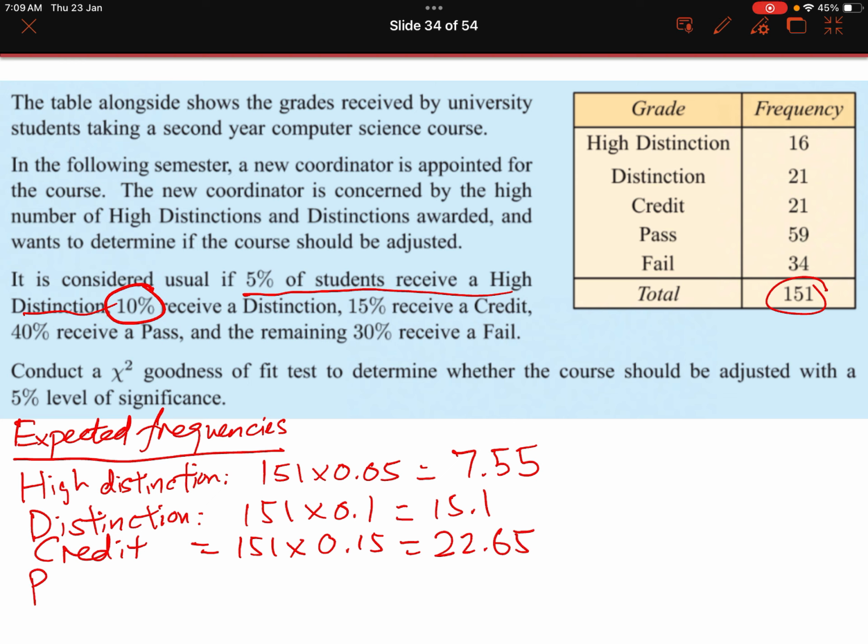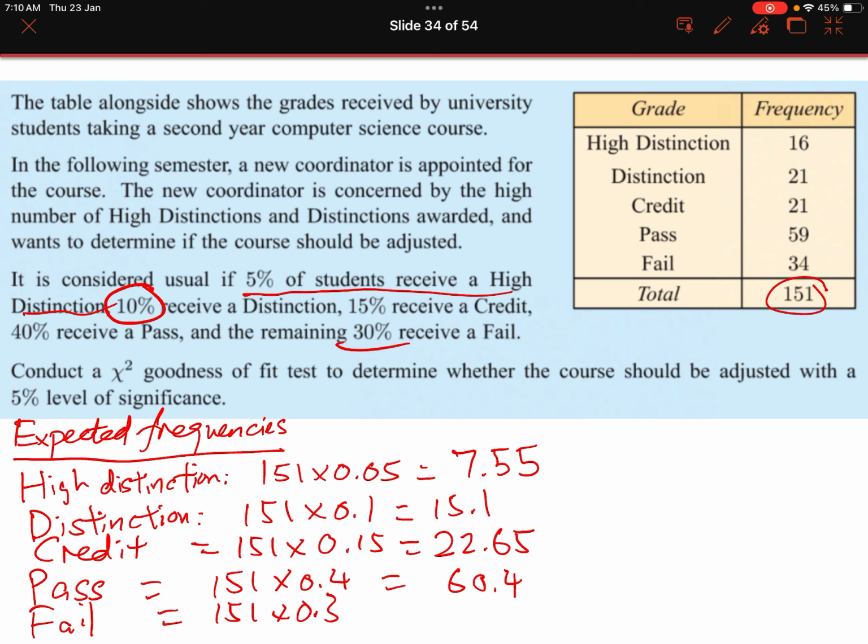Then for pass, it's 151 times 0.4, which is 60.4. Then for fail, we take 151 times 0.3, that's 30%, so that'll be about 45.3.